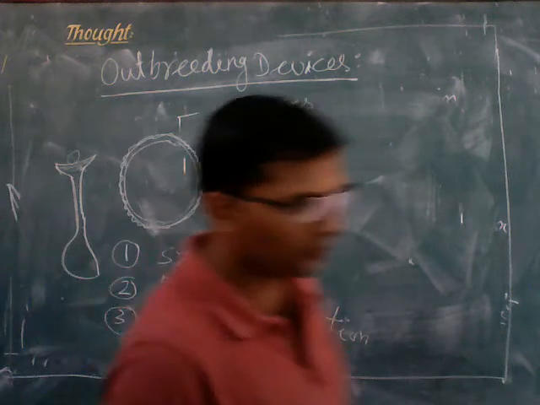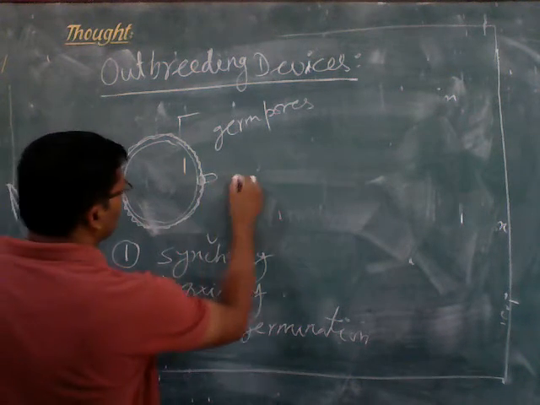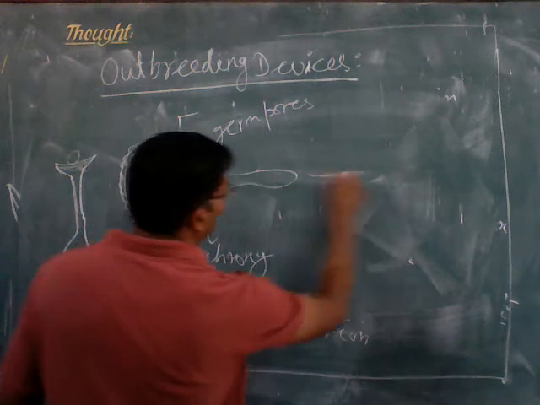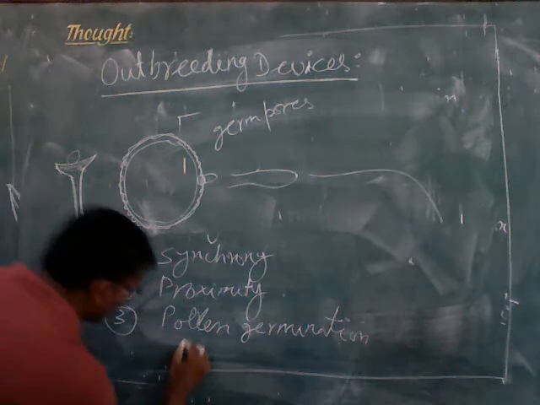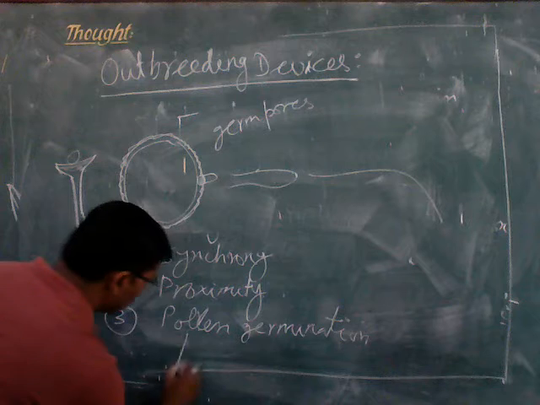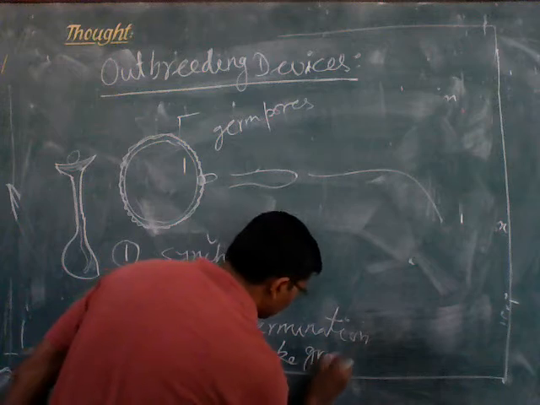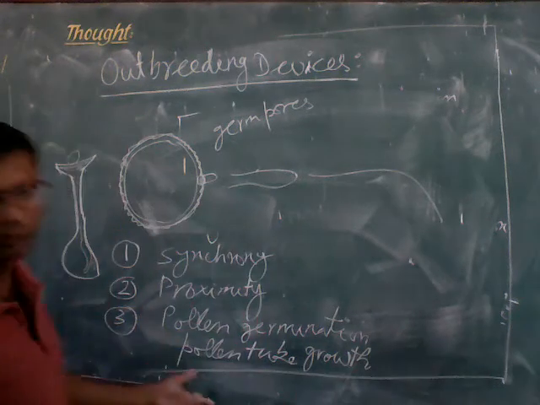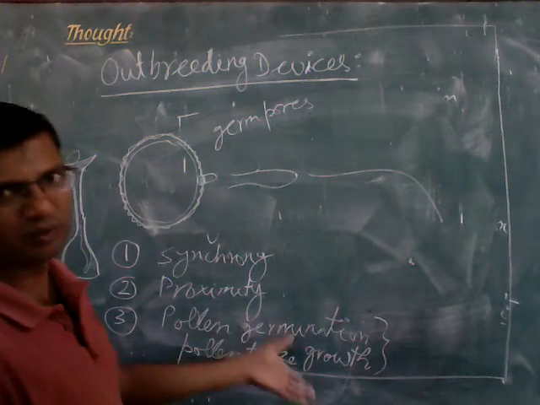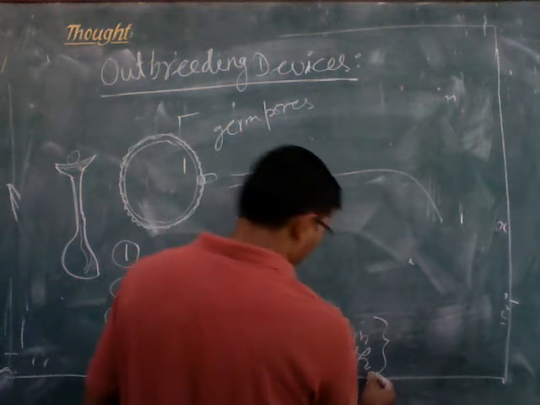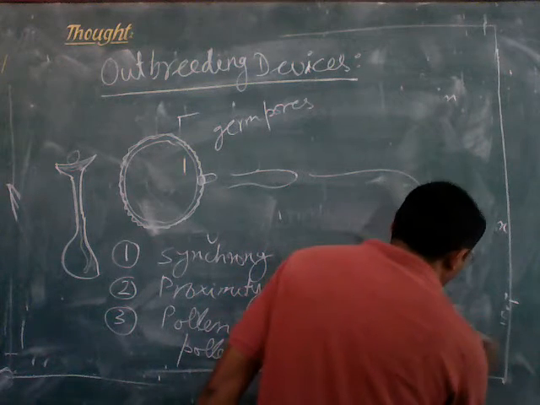Even once it has germinated, the pollen will start growing, and the pollen tube finally reaches the ovule. So pollen germination and pollen tube growth are both important. Even if one of these is inhibited, it will inhibit self-pollination or self-fertilization. These are brought about by the genetic mechanism.